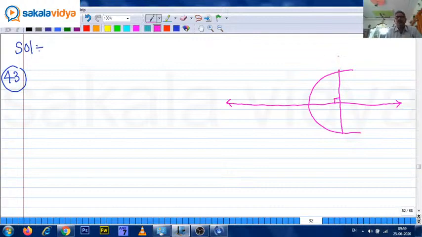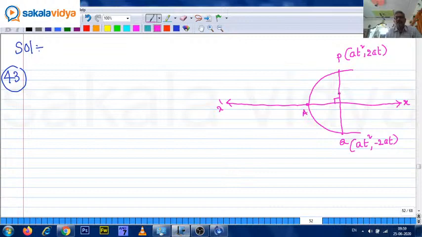Say this will be point P. This will be Q. Say P coordinates will be (at square, 2at). As this is the x-axis, this coordinate will be in the fourth quadrant, Q will be (at square, minus 2at). Now this is the double ordinate. Double ordinate is the chord perpendicular to the axis, this x-axis. So this is the vertex A.